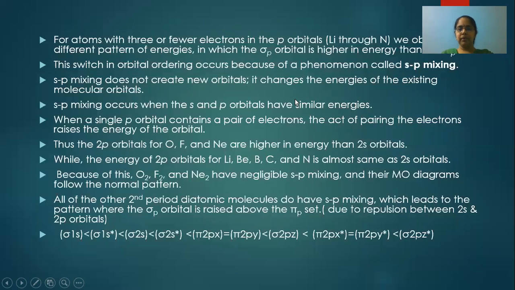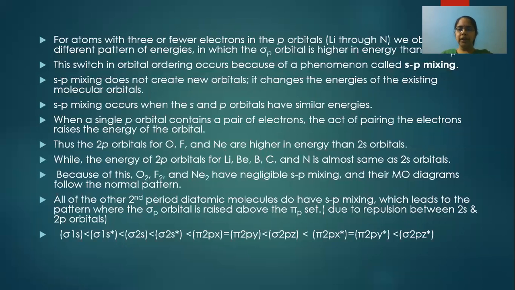Whereas in the other atoms, that means from oxygen and higher elements, the p orbital contains paired electrons. That pairing of electrons increases the energy of the p orbital. So in those molecules, that means oxygen, fluorine, neon, and so on, the 2p orbitals are higher in energy than the 2s orbitals.